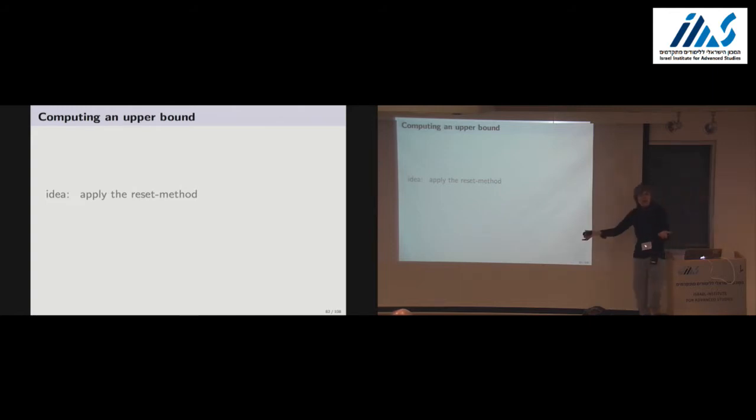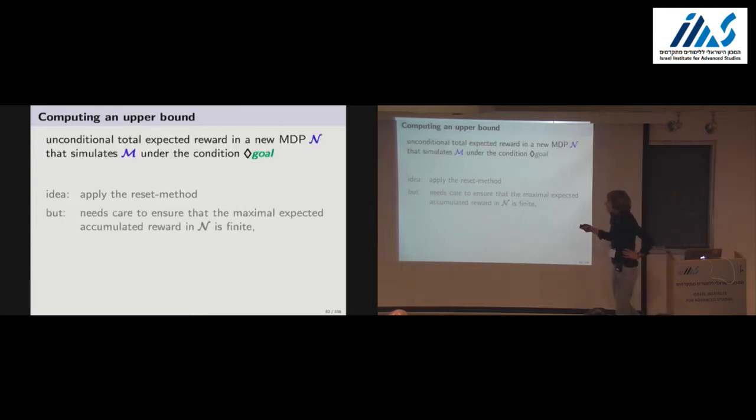If you apply this reset method, then whenever you do this reset, you might have already earned some reward, so in the end, you increase the expectation. Yes and no. Yes, you obtain an upper bound, but the maximal expectation, if you do it in a naive way, might be simply infinite.